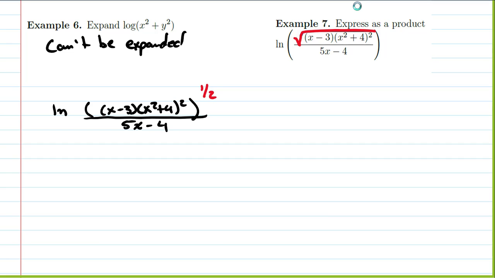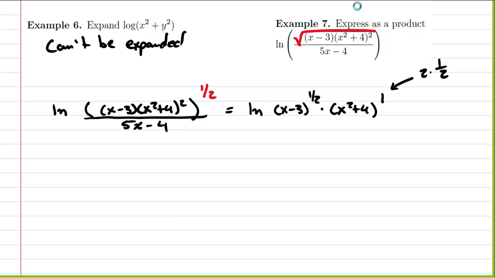So before I even start using any of my logarithm properties, I can use some of my exponential properties. So if I have a power raised to a power, what do I do with my exponents? Well, I'm going to multiply. So that gives me the natural logarithm of x minus 3 to the 1/2 times x squared plus 4, but its exponent is a 2 and a 1/2, so 2 times 1/2 gives me 1, right?